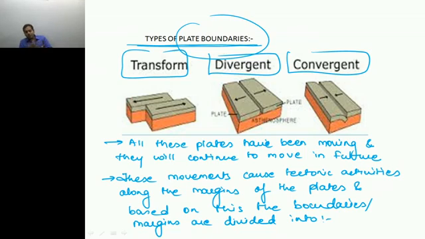So based on the different kinds of movement, we have three kinds of plate boundaries, that is transform plate boundary, divergent plate boundary and convergent plate boundary.